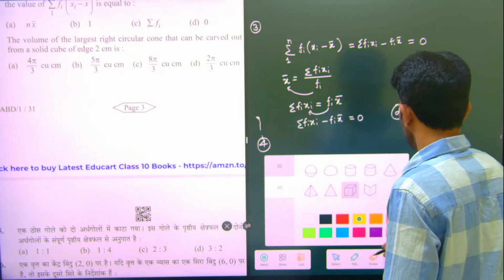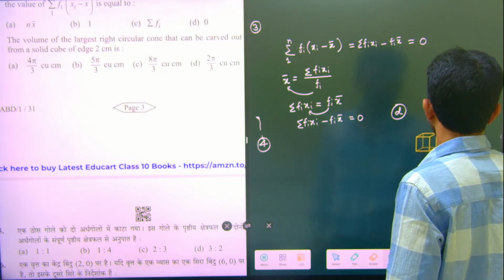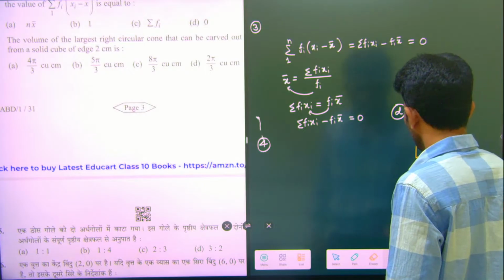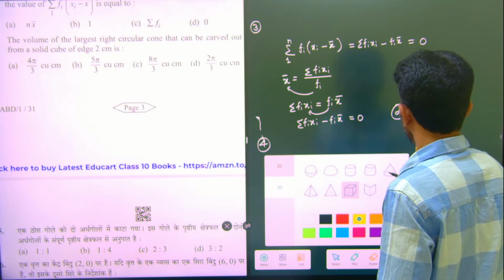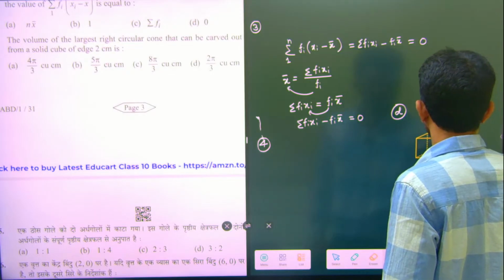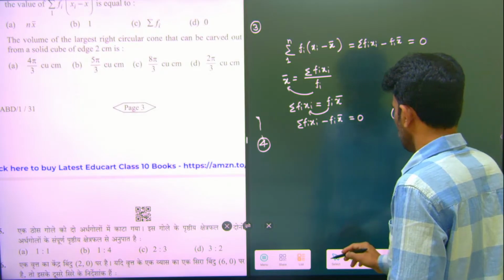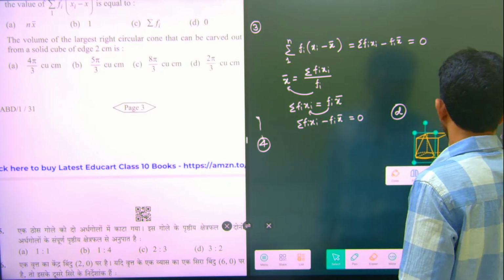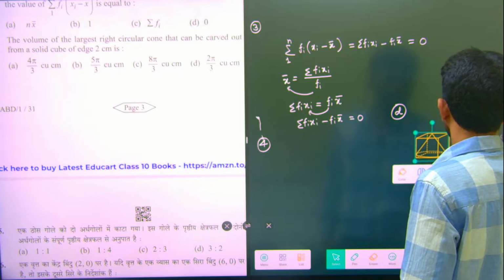Take a cube. Now from this cube we have to take a cone, and that should be the largest cone. The figure will be like this.